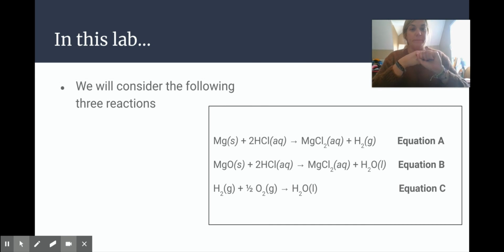That's equation A. We are then going to take magnesium oxide solid and react it with HCl, and that's equation B. And then we're not actually going to do the third reaction, equation C. What we're going to do is look up the enthalpy change for that reaction when we do our data analysis.